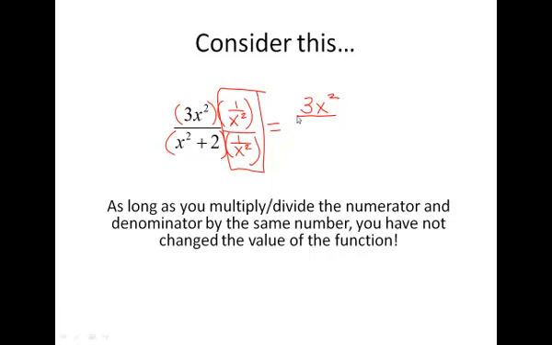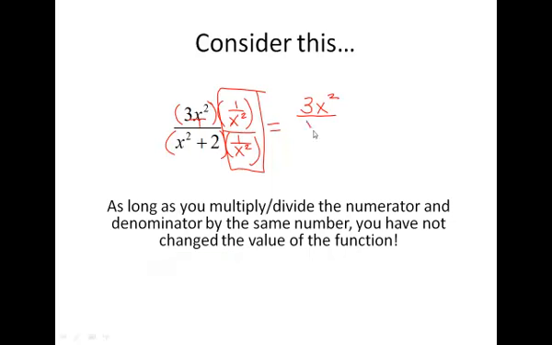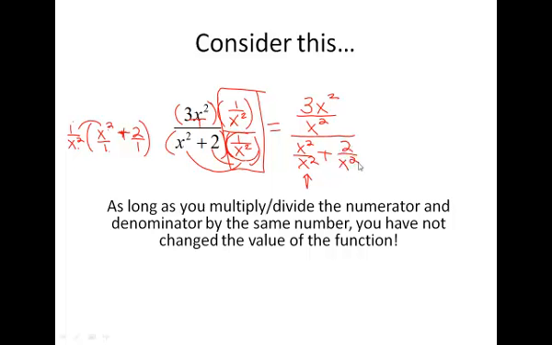What we're going to get is 3 times x squared times 1 over x squared. Multiply straight across the tops, multiply straight across the bottoms, and what we get is x squared on the bottom. Then we take this and distribute it to each of these terms, so we get x squared over x squared, plus 2 over x squared.